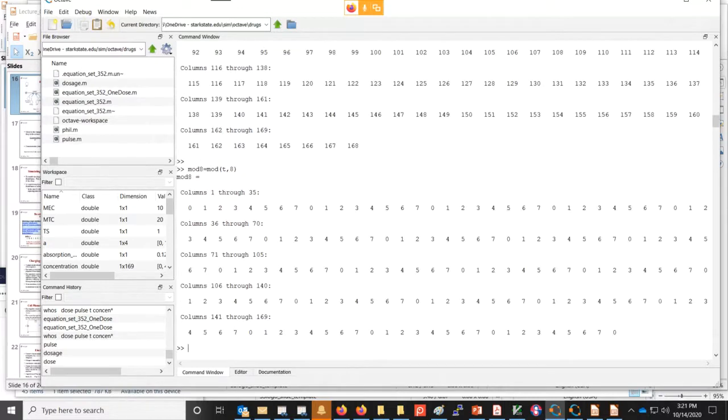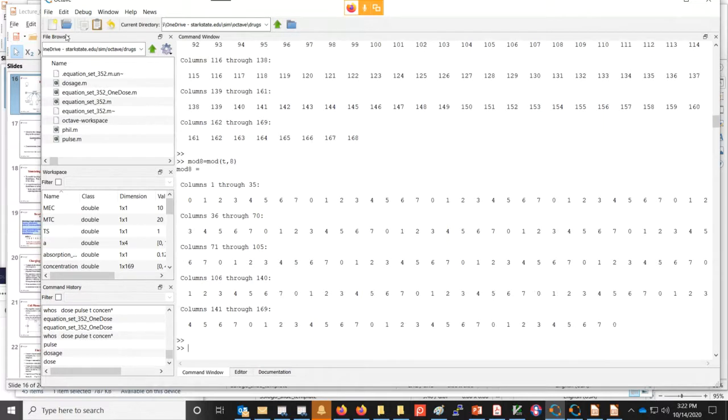And so what you can see is it gives me a result from 0 to 7, 0 to 7, 0 to 7, because it's just counting up for 8 hours, starting at 0, so I take the pill, then I go 1, 2, 3, 4, 5, 6, 7. Now I take the pill again. That's after 8 hours, I take the pill at 8 hours. And then 1, 2, 3, 4, 5, 6, 7 hours. And the 8th hour, I am going to take the pill again. So every 8 hours, I need to take the pill.